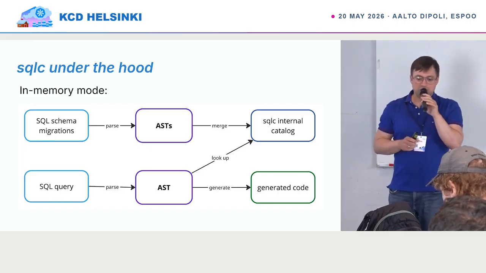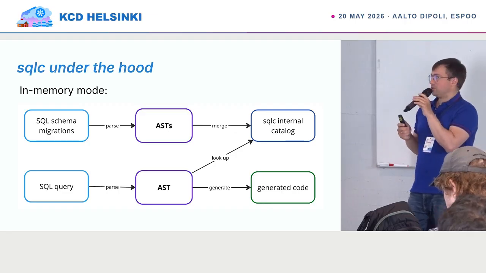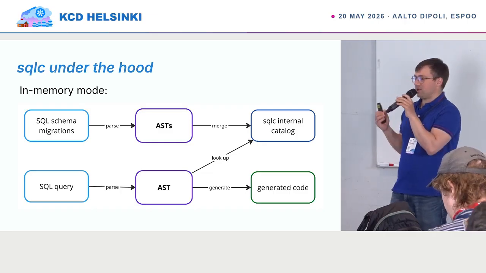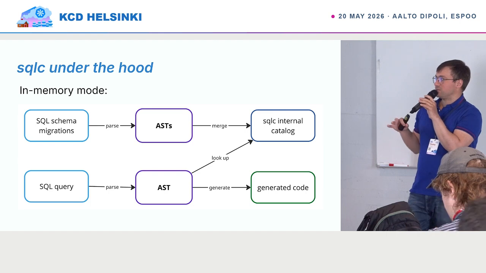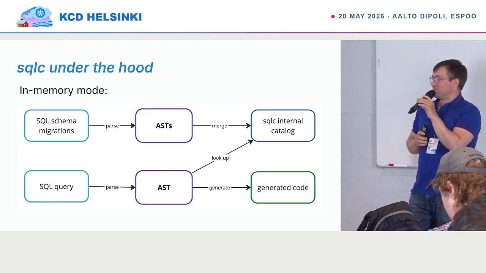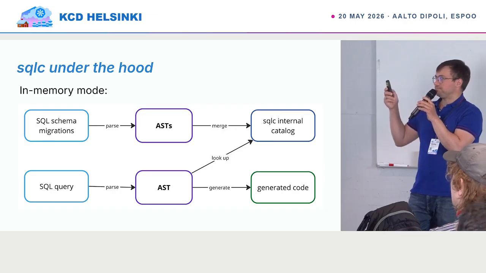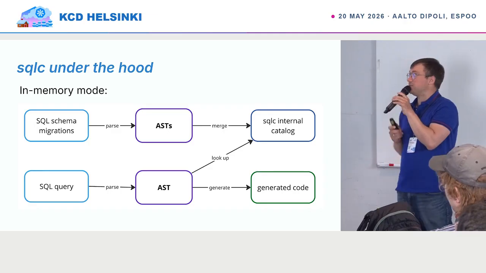sqlc works in two modes: in-memory mode and database mode. In-memory mode is simpler to set up, but in a way it's less reliable. It can miss some potential issues, but it's much easier to use. In this case, we provide our schema migrations, and it parses each schema migration into an abstract syntax tree.